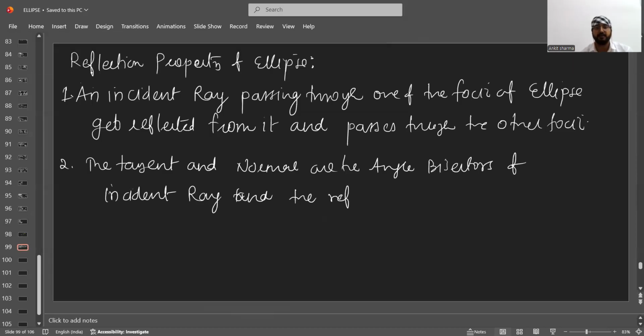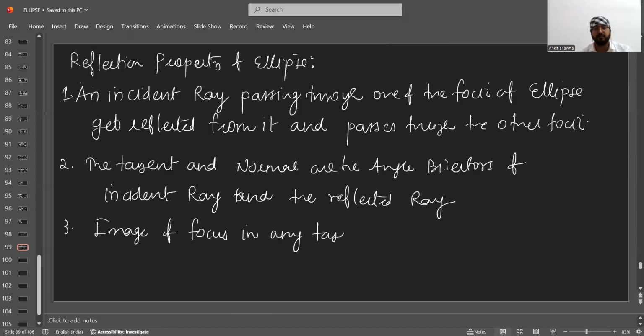And the image of focus in any tangent would lie on the reflected ray.